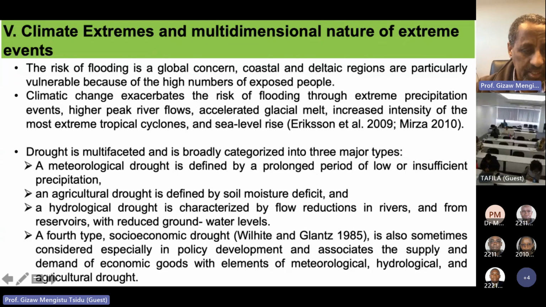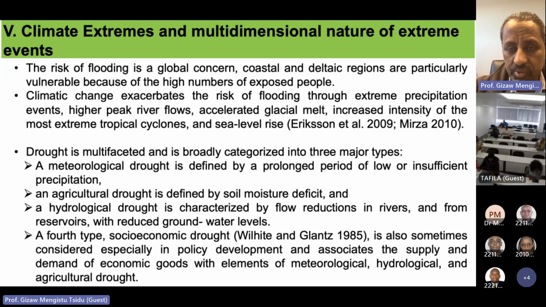You can still talk about other aspects of drought, and defining a new category of drought is possible, depending on what you want to see, because these drought types are defined by indexes. How do you distinguish one drought from the other? It depends on the index.